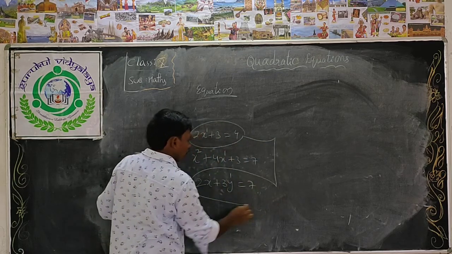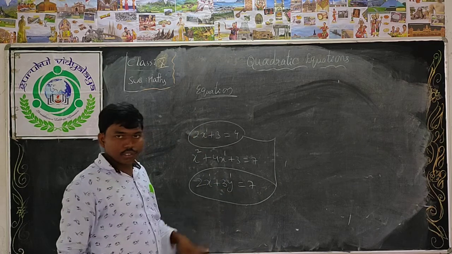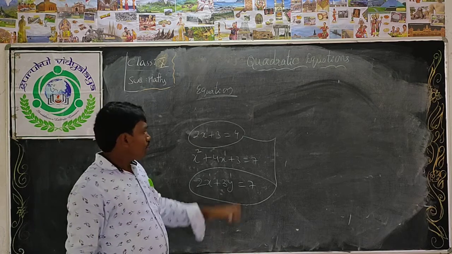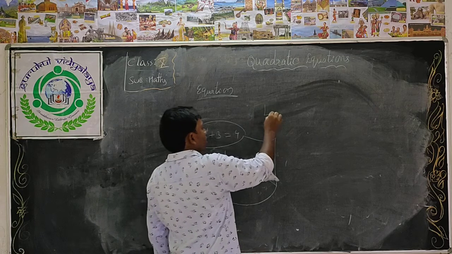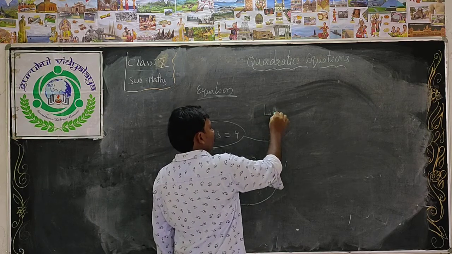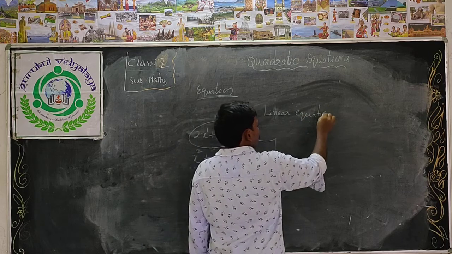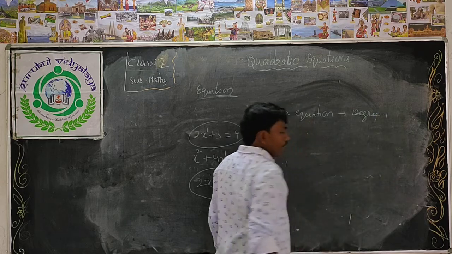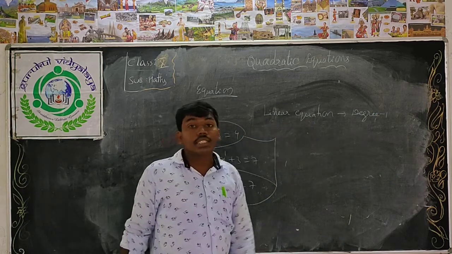Don't add different variables; this and this are the same degree. So the degree of the equation is 1. That is called a linear equation. If the degree of an equation is 1, the equation is called a linear equation.